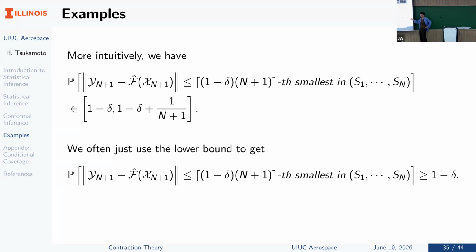So based on the probability you pick, if you pick a small delta, you get a looser bound. If you pick a bigger delta, you get a tighter bound at the expense of a stronger failure. Was that your question?